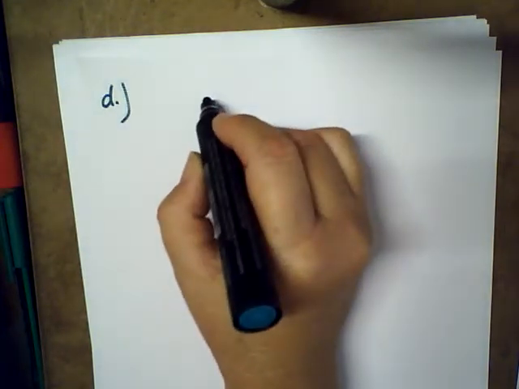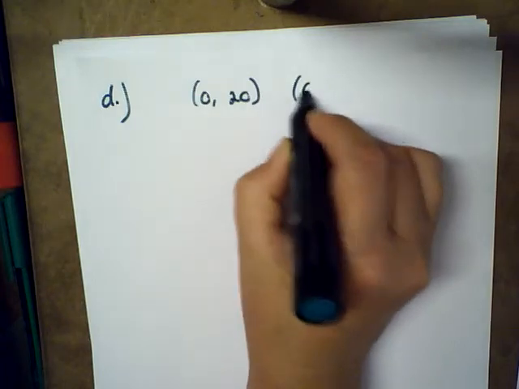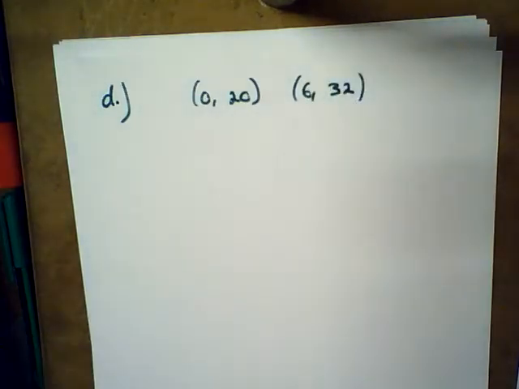We're still busy with question 5. Then draw a straight line joining the points 0, 20 and 6, 32. So this is question D. Draw the points 0 and 20 and 6 and 32.